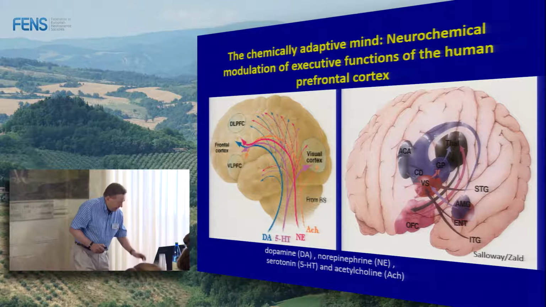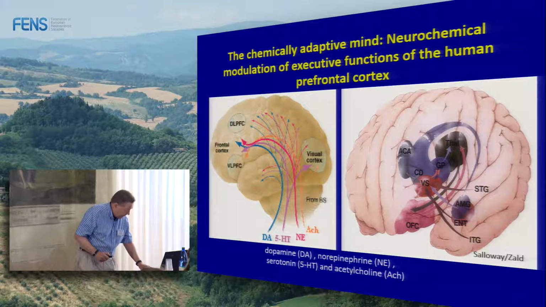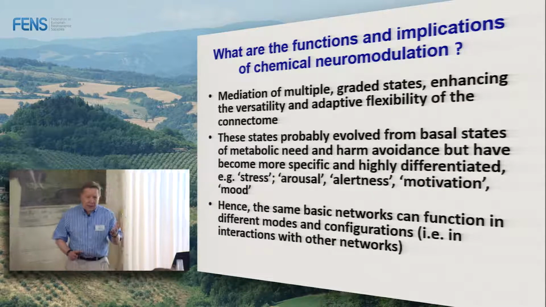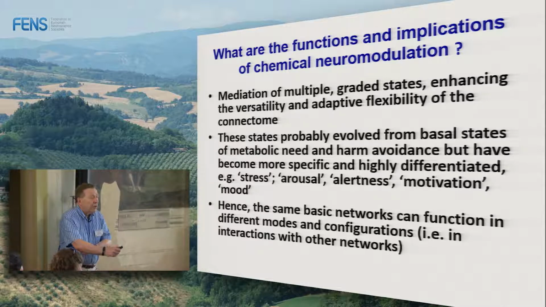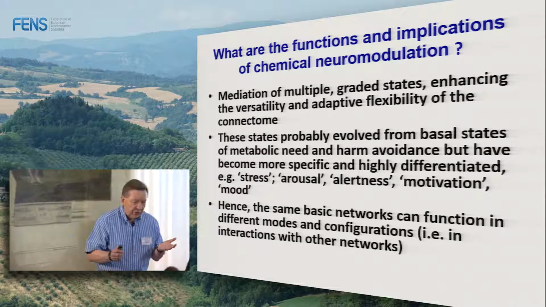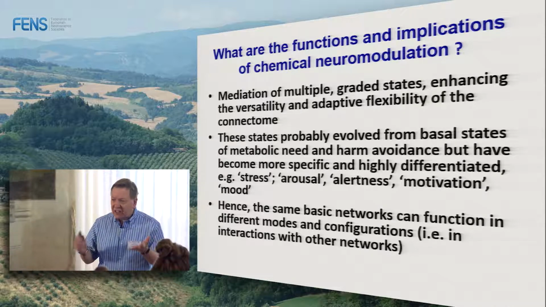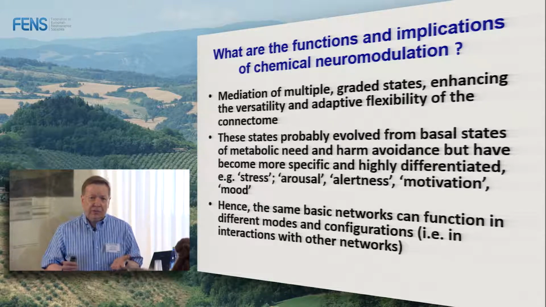Okay, so what is the interaction between chemical neuromodulation and the connectome? This is it. What are the functions and implications of chemical neuromodulation? So the argument that I'm going to put forward is that these systems are providing a variety of states under which the connectome functions.